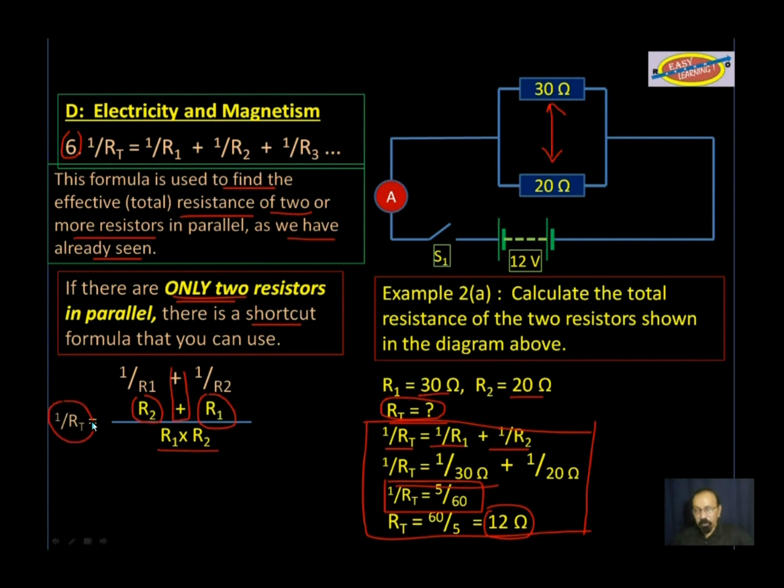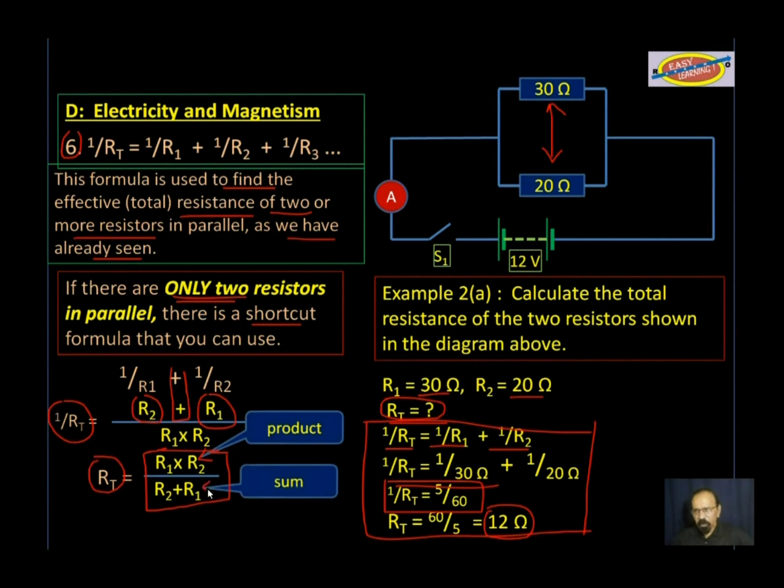If you invert both sides of that equation, you will get R total is equal to R1 multiplied by R2 over R1 plus R2. And this is a shortcut if you have only two resistors. The total resistance is the product of the two resistors divided by their sum.